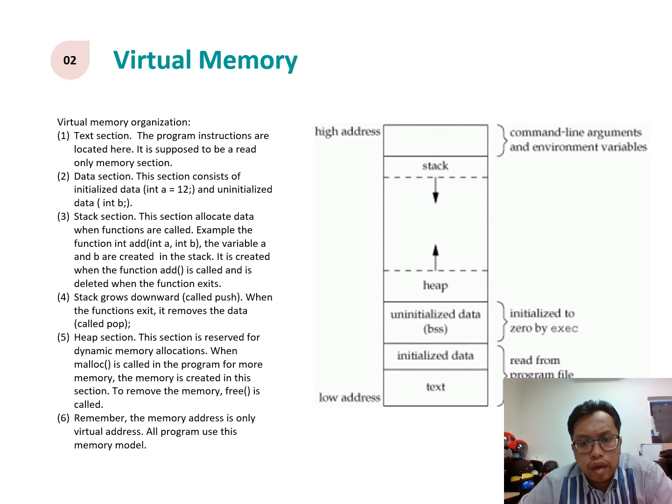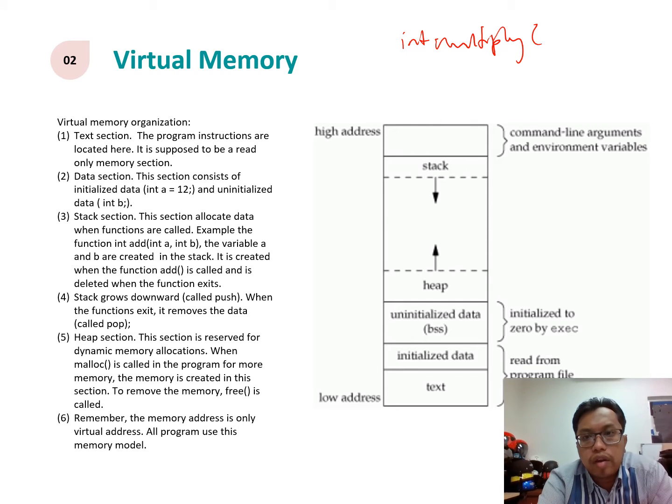If you remember, when you create a function like integer multiply, you have the arguments, integer a and integer b, and within it sometimes you have another integer c, and so on, or a character.